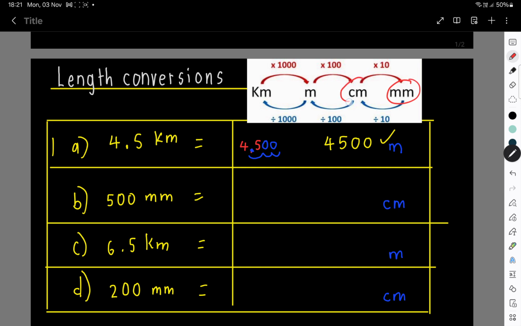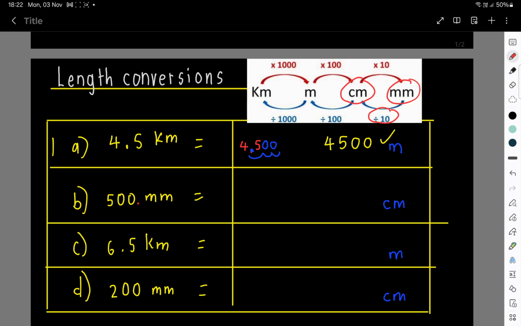If you work with this section here for B, you'll see that you need to divide by 10 to convert from millimeters to centimeters. You divide by 10, so your decimal point goes where the unit is at the end, and you will jump to the left. You'll move in the direction which the arrow is going.